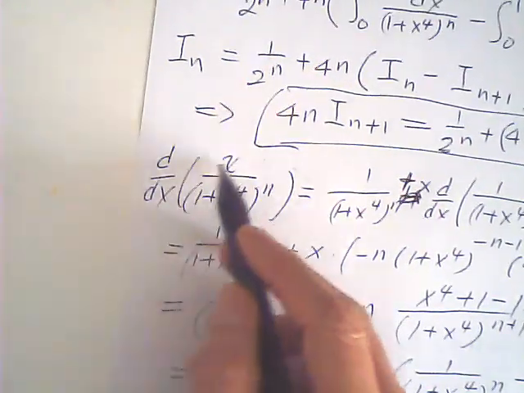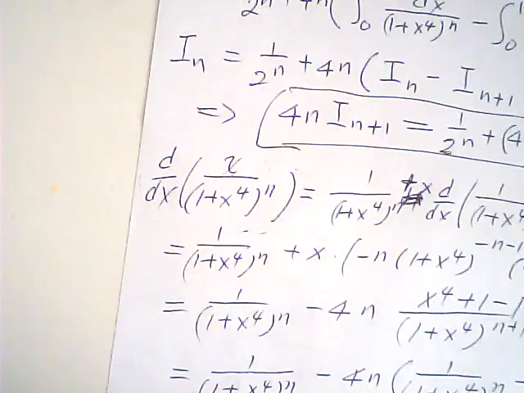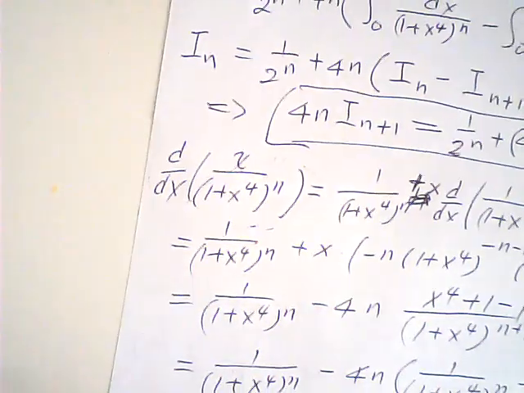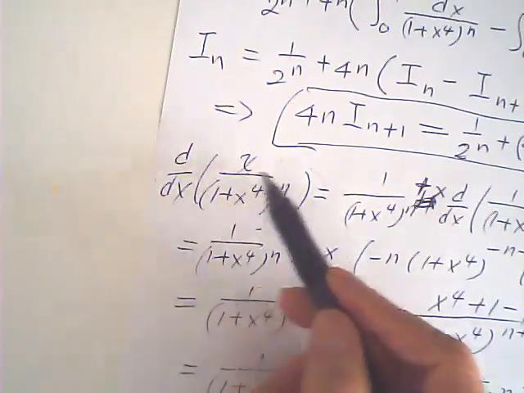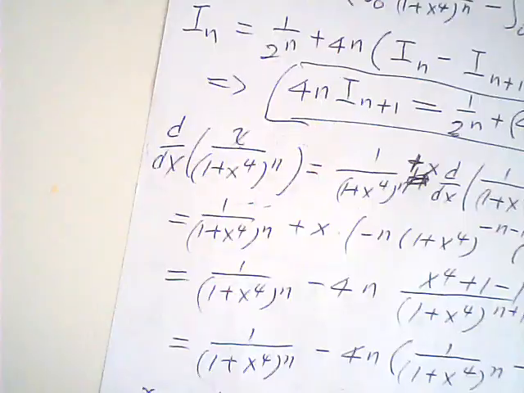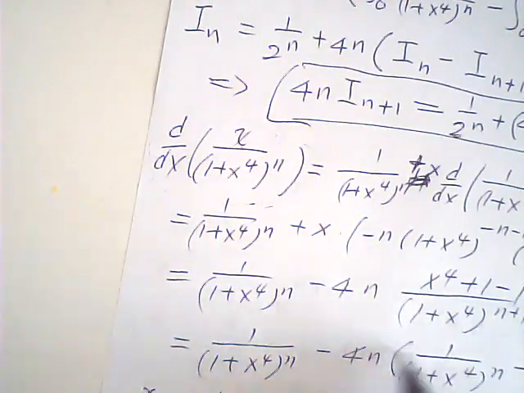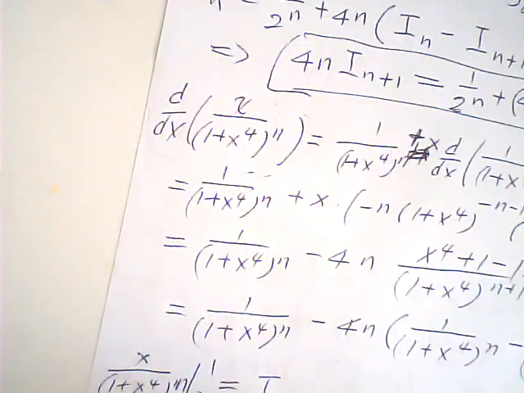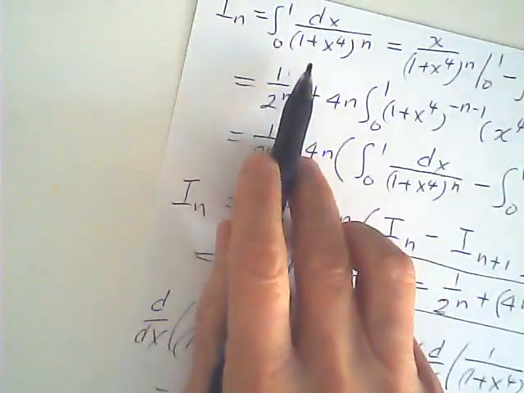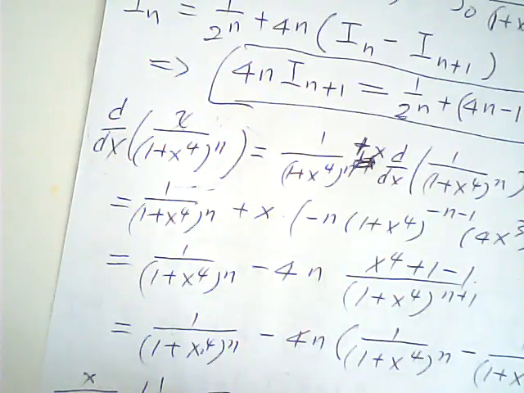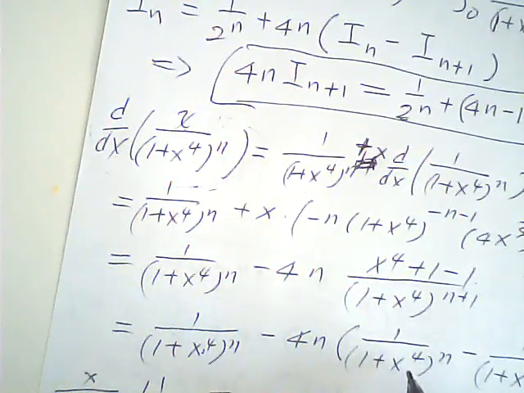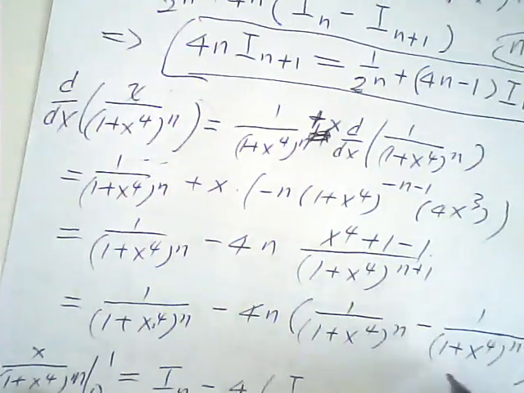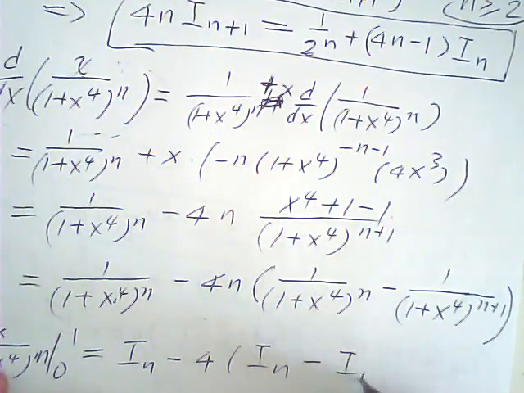That is, this integral is equal to the antiderivative, x over 1 plus x fourth to the n, evaluated from 0 to 1, which is this. And then on this side, this integral is my I sub n, minus 4n times this integral from 0 to 1, which is my I sub n plus 1.